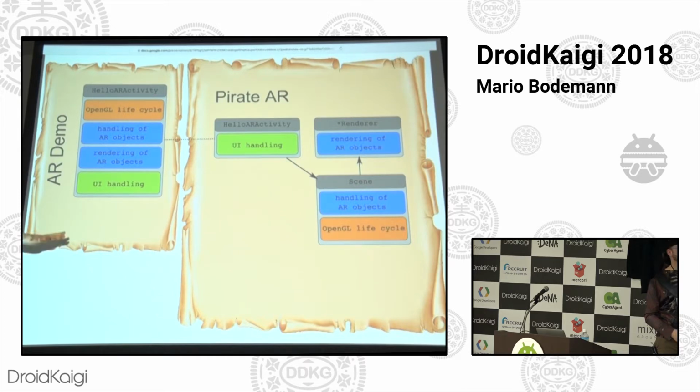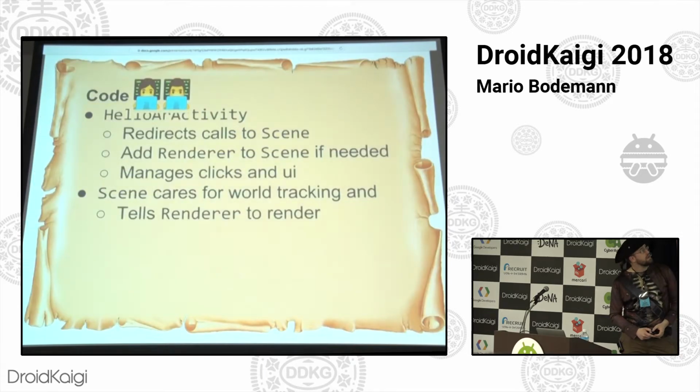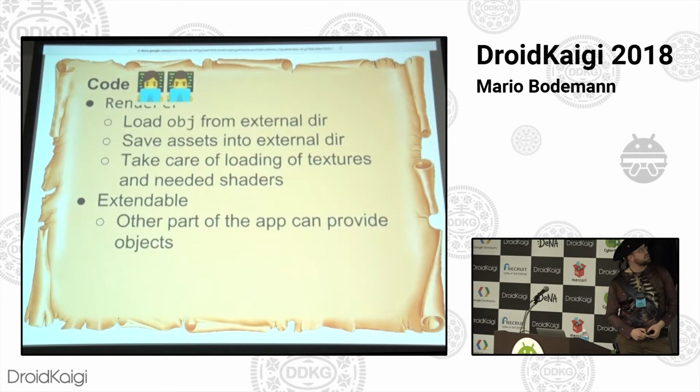Also, I will not show this code here. It's again teasing for the office hours, right? I'm just gonna go through this on a higher level. So this is essentially what I said. What I additionally added is the ability to load the object files from an external directory.